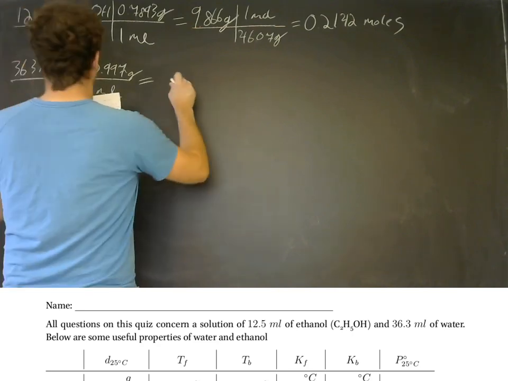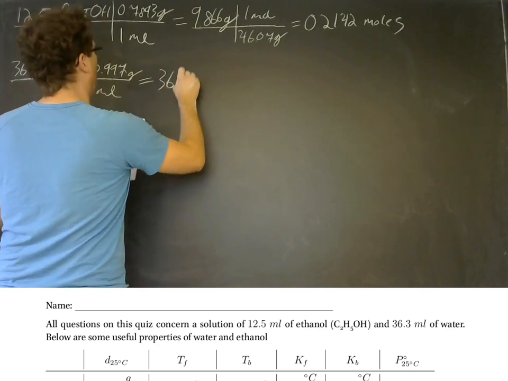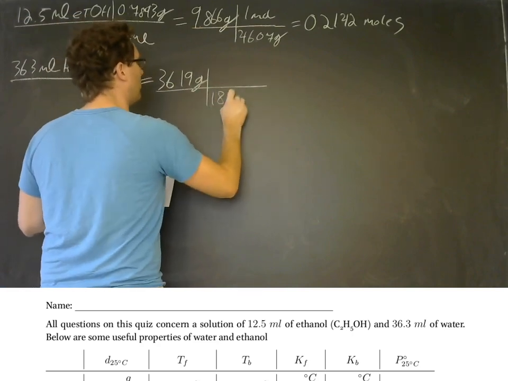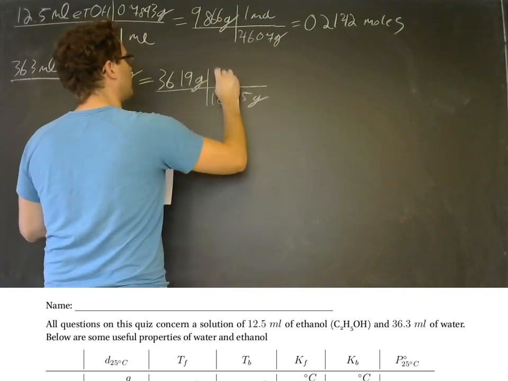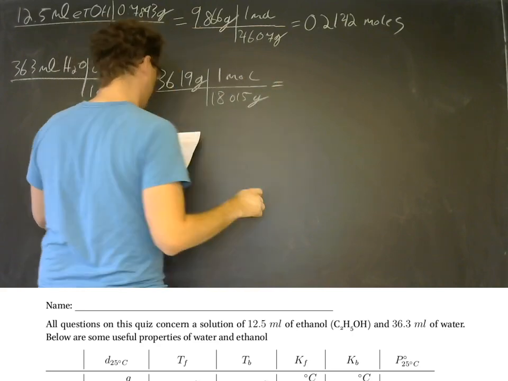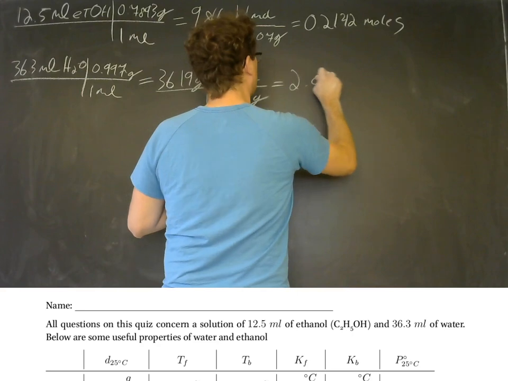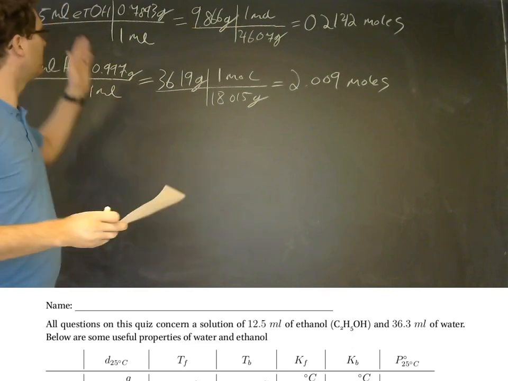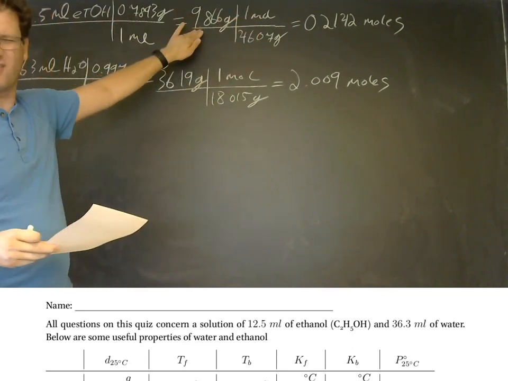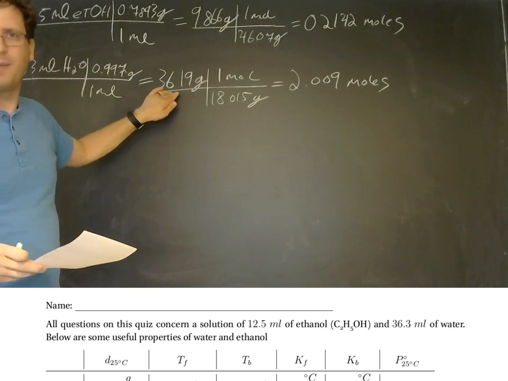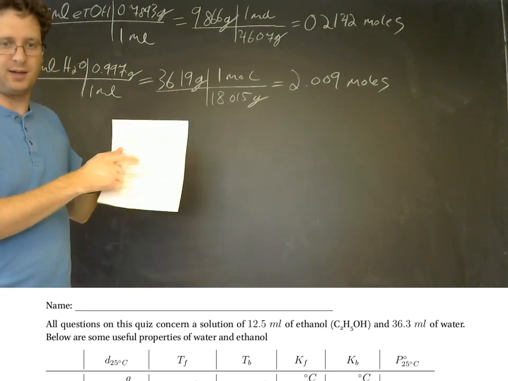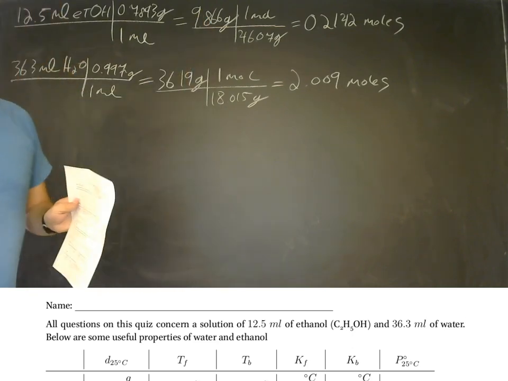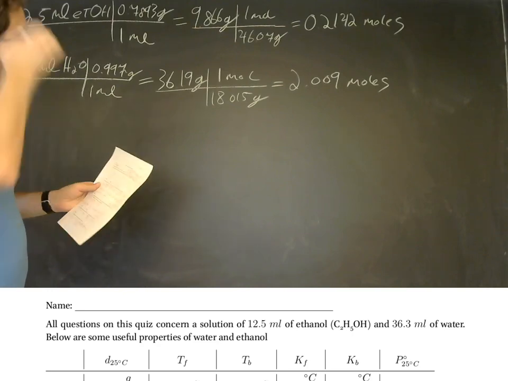So we get 36.19 grams of water, and then 18.015 grams is 1 mole, which is 2.009 moles. Of course, you could have solved this in one step without figuring out the masses as an intermediate value, but I wrote the quiz, so I had some foresight and I know these numbers will be valuable to us later on. So we went ahead and calculated them right now.